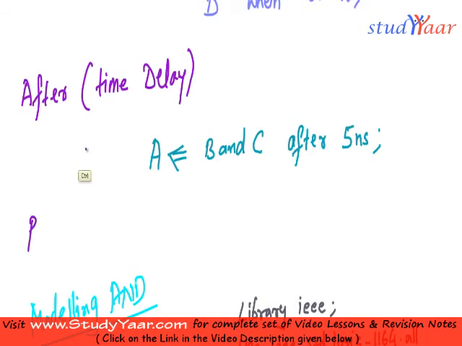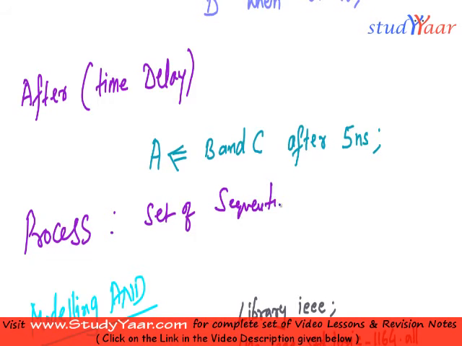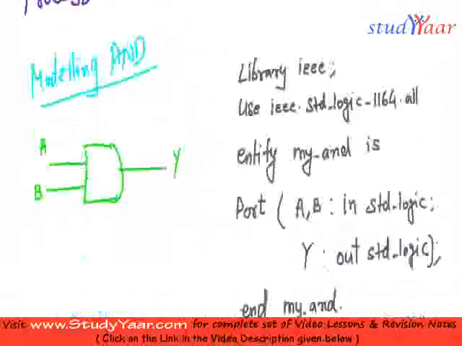A process, a set of sequential statements, is also a concurrent statement. Basically it's a block, but you can call it a statement. We are now going to talk about what a process is and how we write sequential statements in it.